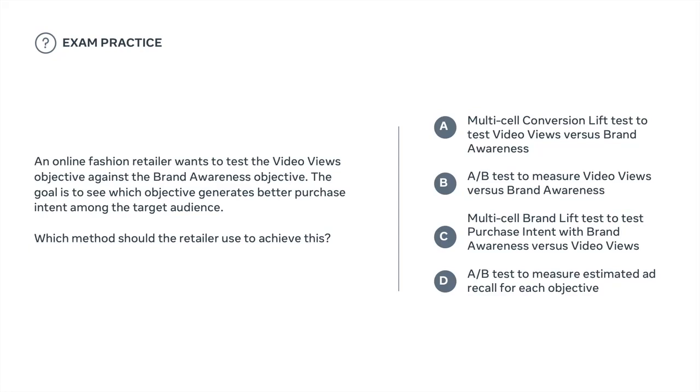A, a multi-cell conversion lift test to test video views versus brand awareness. B, an A/B test to measure video views versus brand awareness. C, a multi-cell brand lift test to test purchase intent with brand awareness versus video views. Or D, an A/B test to measure estimated ad recall for each objective.